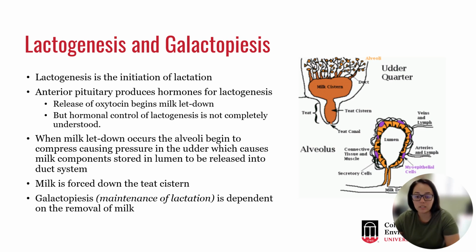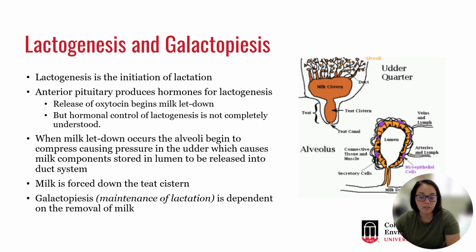As you can see here on the right-hand side, you have those secreting cells, which we talked about. Once those milk components come in, they are pinched off and stored in the lumen. Once that oxytocin is released within the body, the whole alveoli will begin to compress and force those milk components down from the lumen into the milk duct.